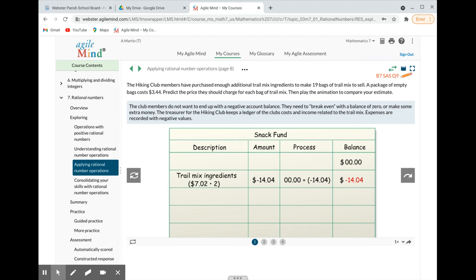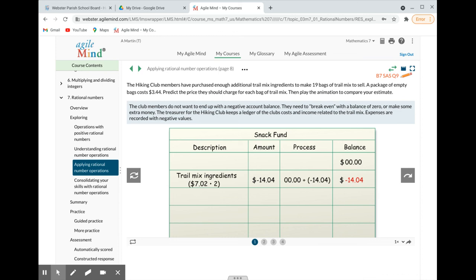Times 2. So how much? $14.04. All right. And then how much are the bags? $3.44. It said to estimate how much they should sell these for. So that together is $17.48, which is like $17.50.